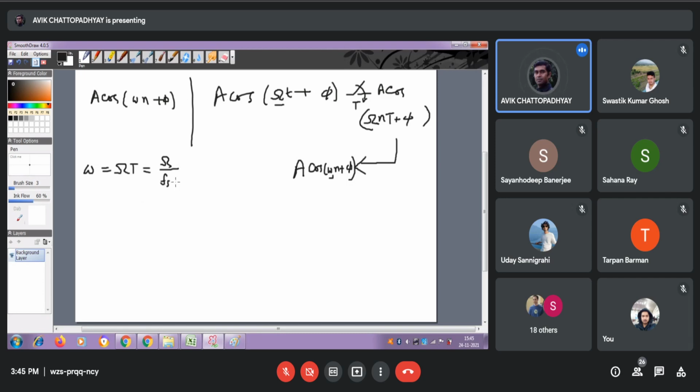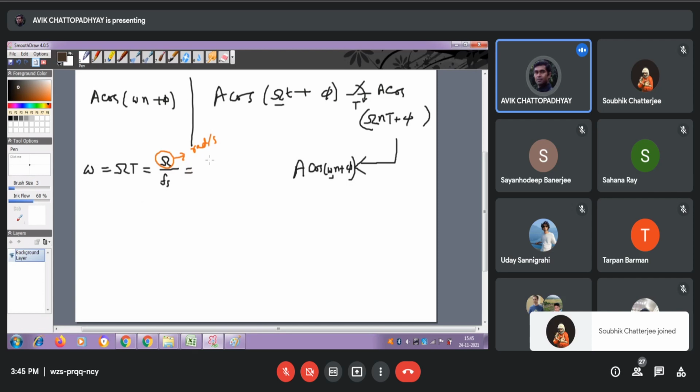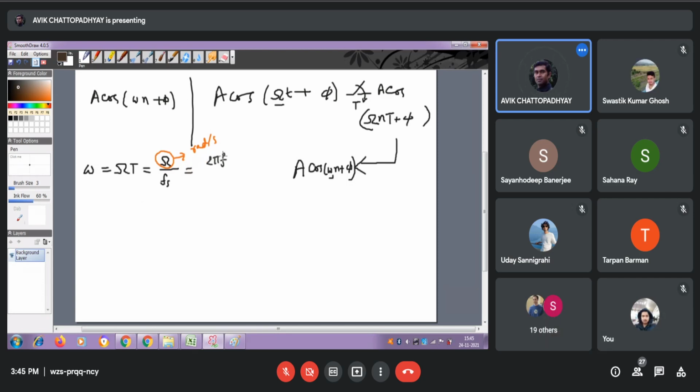Now this capital omega is in the unit of radian per second. Again, this capital omega can be written as 2 pi small f, as you know, the cycles per second, that means the hertz. So 2 pi f divided by fs. Getting the point? 2 pi f divided by fs.